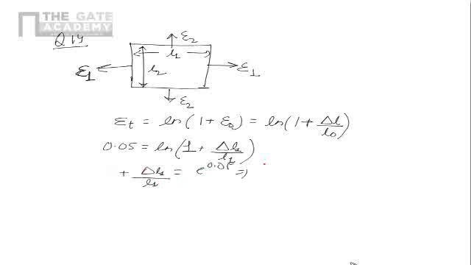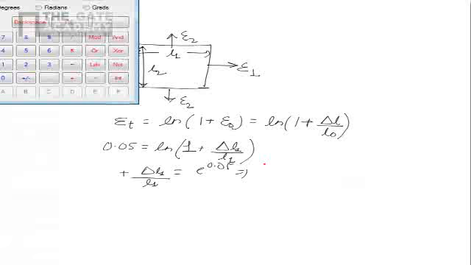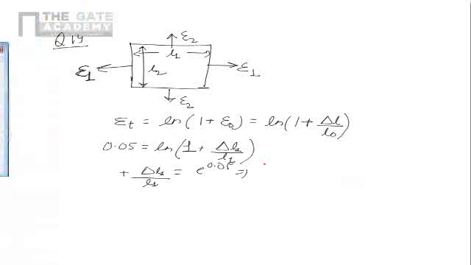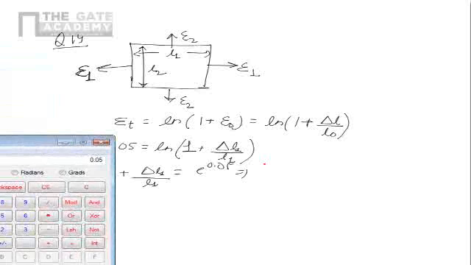I just use the calculator here: inverse log natural of 0.05 is 1.051.